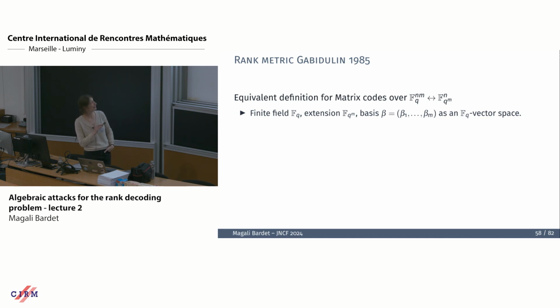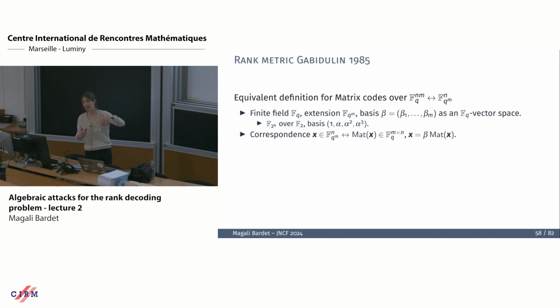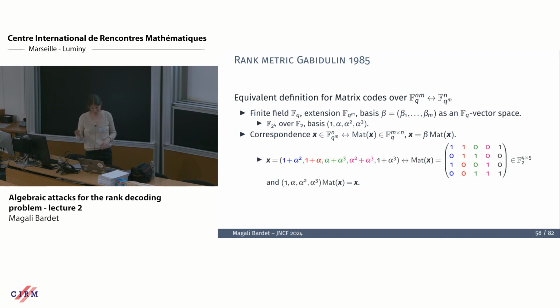You just fix a basis of Fq^m as an Fq vector space. So I fix the basis. And then you decide that a vector of length n over Fq^m corresponds to a matrix where each row is the expansion in Fq of an element in Fq^m.